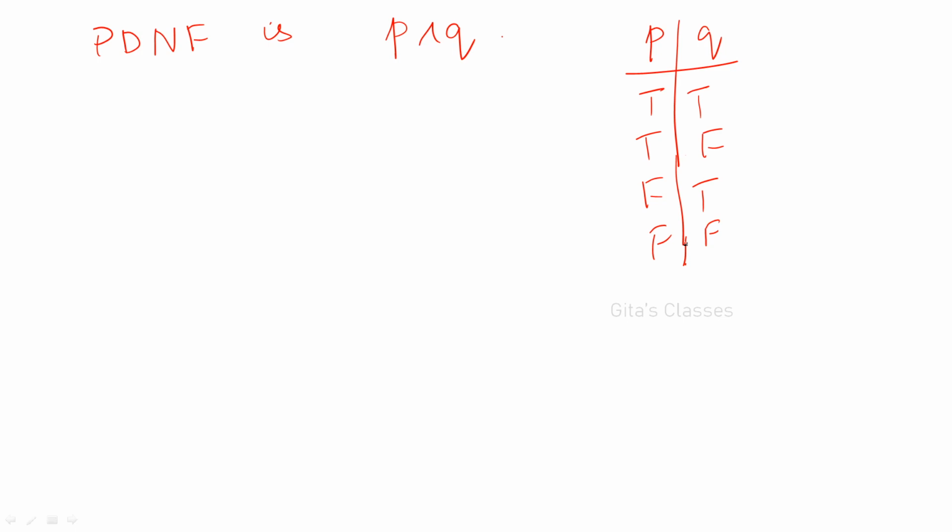So what are the remaining three terms? Please remember 2 points here. For two variables, you will have 4 expressions, 4 max terms or 4 min terms. Now we have this as a min term, the PDNF. So we have one min term. Let the given expression be S. So PDNF of S is.